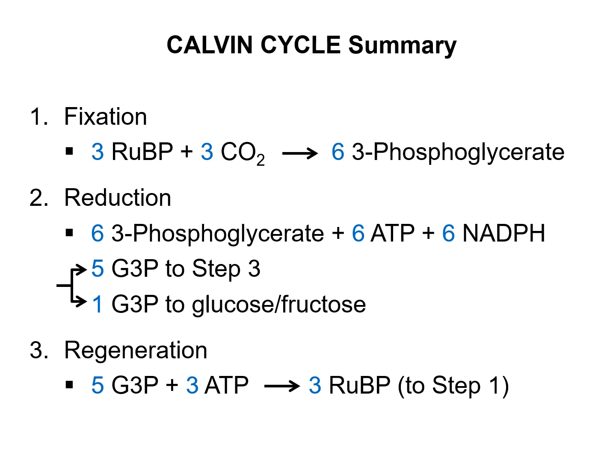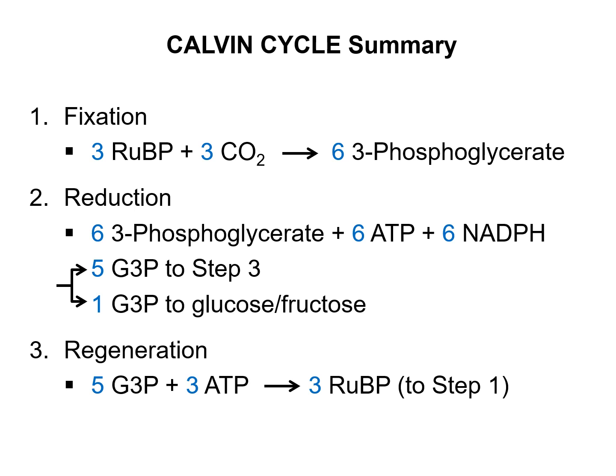And during the reduction phase, these 6 molecules of 3-phosphoglycerate will be reduced by 6 molecules of ATP together with 6 molecules of NADPH to form 6 molecules of glyceraldehyde 3-phosphate.